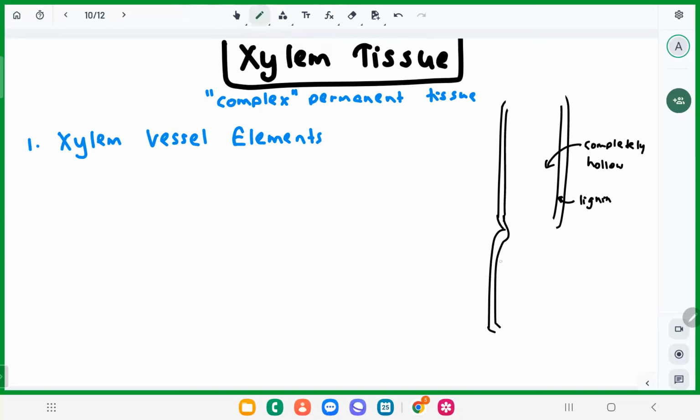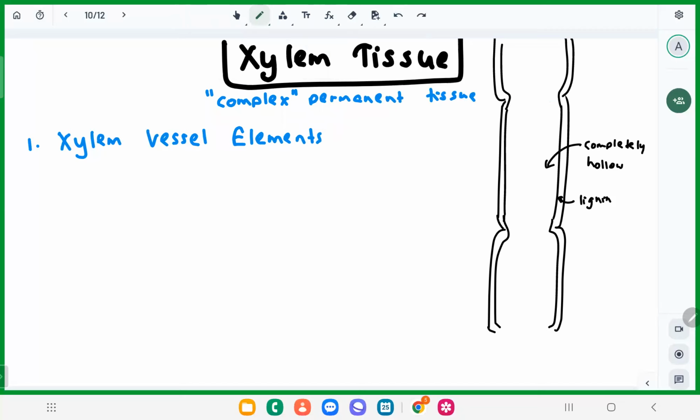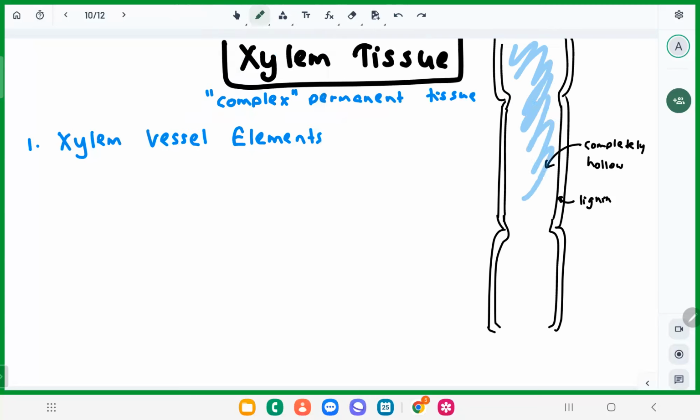Can you see the fact that the cross wall is absent? If there was a cross wall, it would be here like this, right? But the fact that the cross wall is absent ensures that there's a continuous column inside all of these xylem vessels.